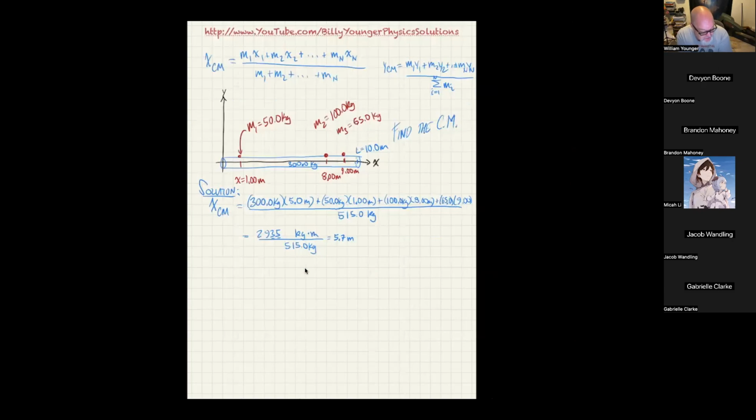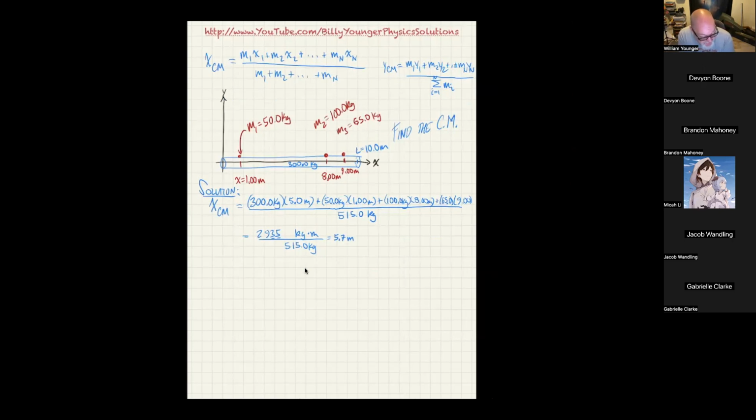And what you see there is the fact that it's so close to the center is basically because the log is the heaviest thing by a factor of 3 on it. So that really has the biggest effect. That would tend to keep the center of mass very close to the 5 meter mark. And then that little 50 is going to be somewhat counteracted because it's 4 meters over.